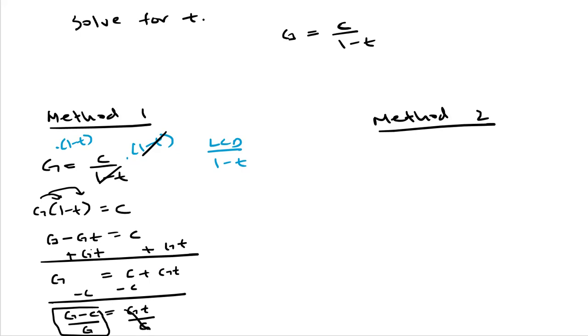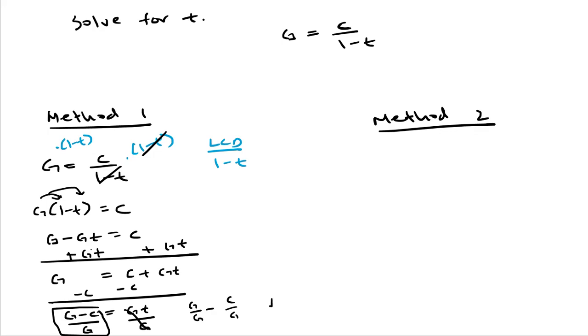Now, you might have a different alternative to this solution, what I mean is a variation in how it's written. We can write it this way. This is acceptable. Or you can write it as g over g minus c over g. That's the same thing. Or we can write it as, g divided by g is 1, isn't it?